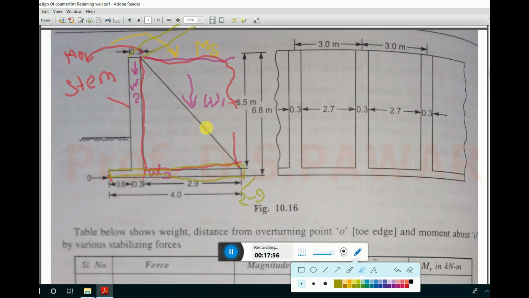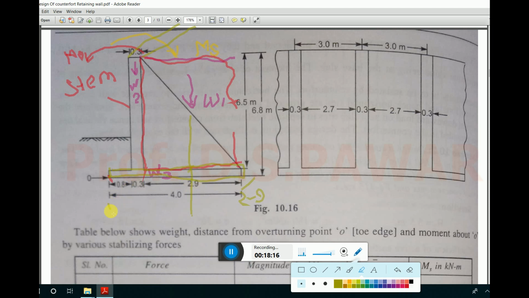Now we calculate the stability moment from point O, so we have to know where W1 acts. What is the center of gravity, where this force acts? It acts here at the center.